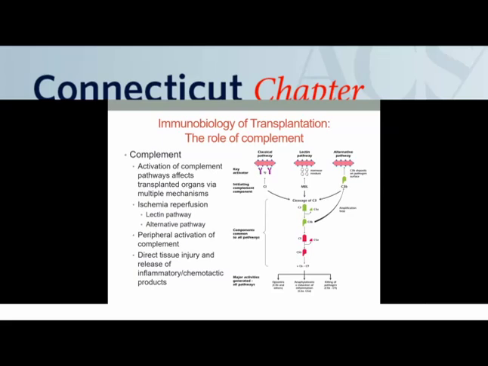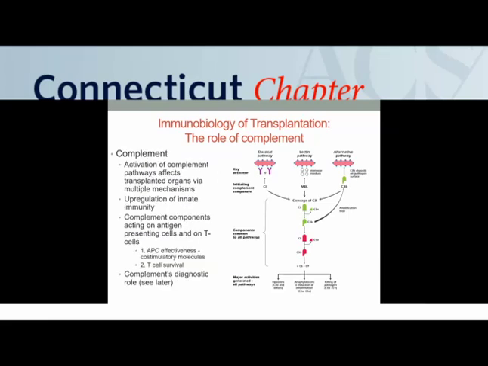Complement causes damage to cells themselves, right? But it also causes more cells to migrate, usually through things like C5a or C3a. And complement itself can also upregulate the adaptive immune response by increasing the sensitivity of APCs to present antigen to T cells, and then also can enhance T cell survival.